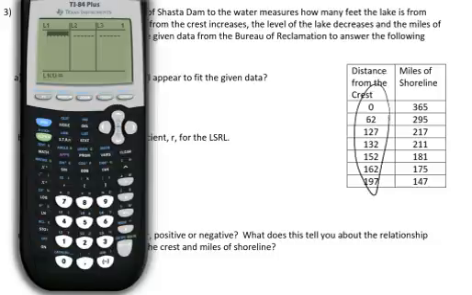So we'll start with the 0 there. I'm going to enter a 0, and then I've got 62, and then 127. So we do have the 62, 127, 132, 152, 162, and then 197.